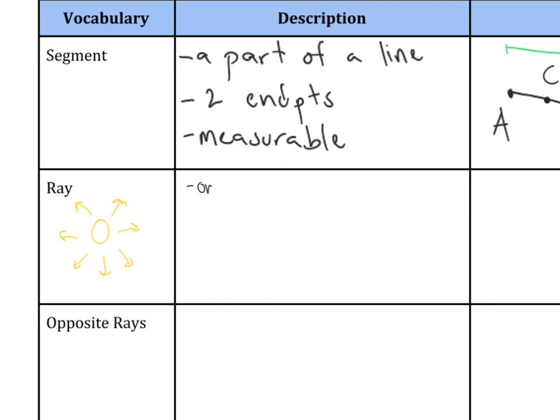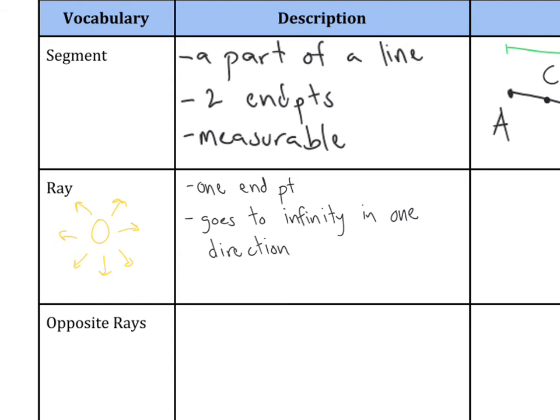They have one endpoint. We call it an endpoint because that's where the segment ends, right? And on the other side, it goes to infinity in one direction.